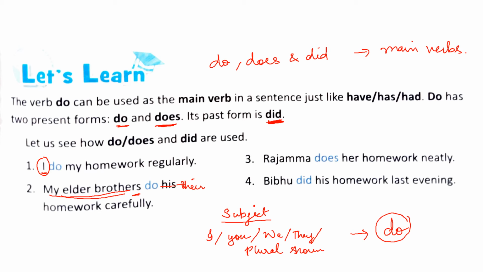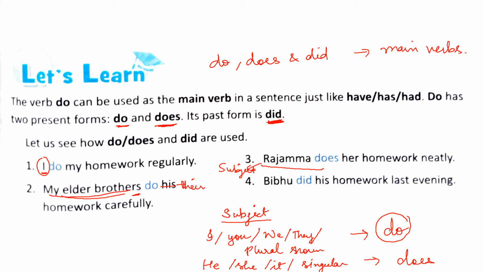Now if the subject is he, she, it or any singular subject or singular noun, we will use does. As you can see in this example, Rajamma does her homework neatly. Here Rajamma is the subject in the sentence, right?